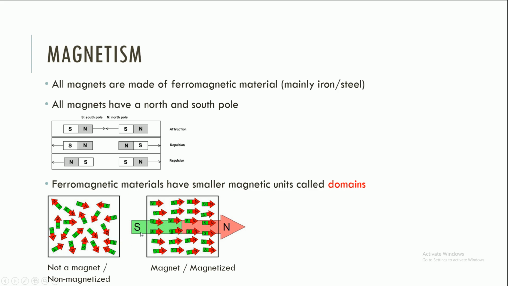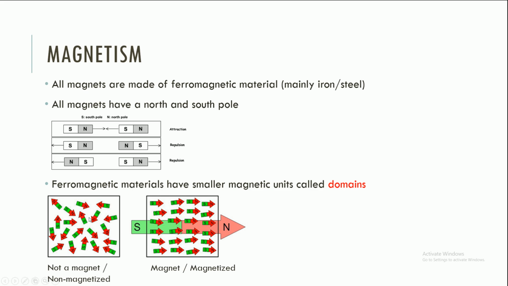Now, in a non-magnetized ferromagnetic material, for example iron, just because something is ferromagnetic doesn't mean that it is automatically a magnet. But if something is a magnet, then it has to be a ferromagnetic material. Do you see what I mean?